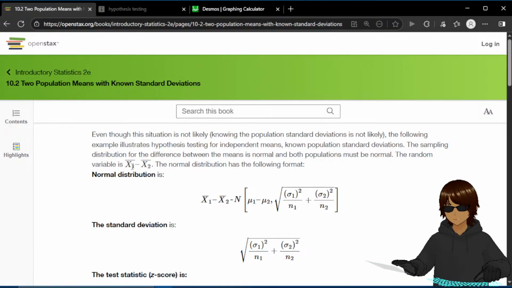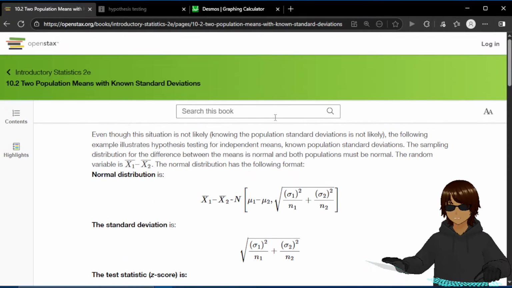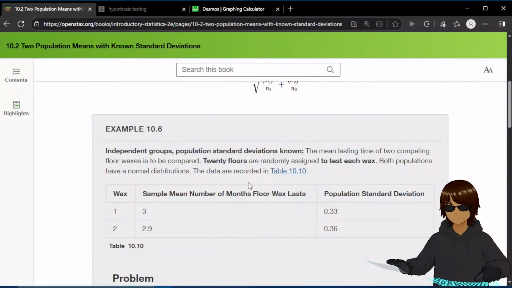In the random variable x1 minus x2, the random variable is this. The normal distribution has the following format: x1 minus x2 normally distributed, mu1 minus mu2. Okay, the standard deviation is this. This is when the population standard deviation is known, right? The z score is this.